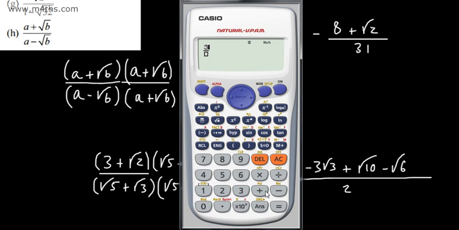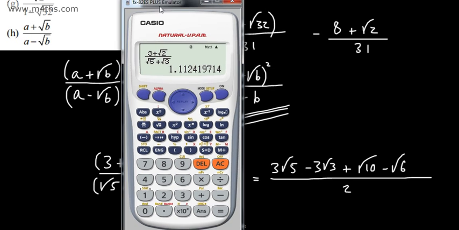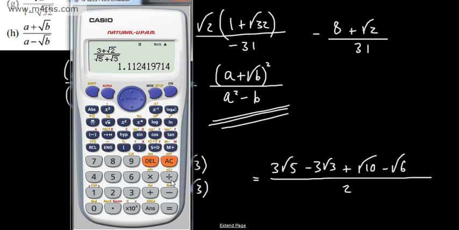So what we've got then is 3 plus the root of 2. Sometimes when these get really messy, these fractions, it gives us a truncated answer, so a decimal answer. But we'll have a go, see if it likes it or not. So there we go, there's our decimal answer. Now if you wanted to check, I suppose this is one way of checking.